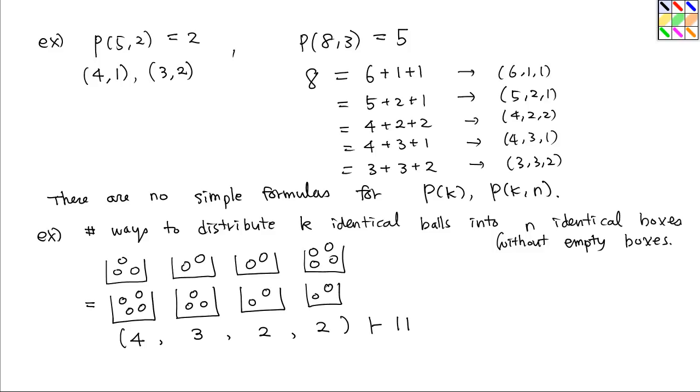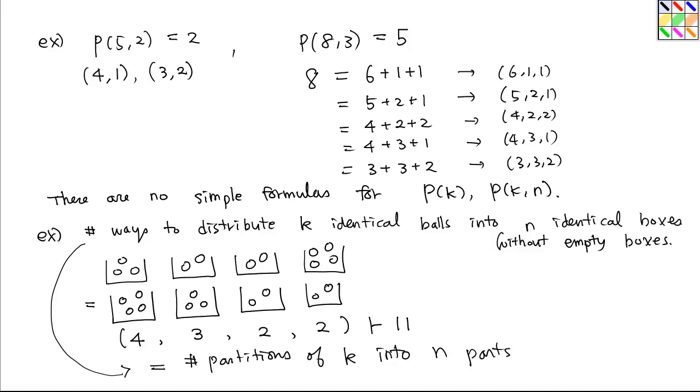So 11 is the number of balls, and 4 is the length of this partition, or the number of parts of this partition, which is the number of boxes. So this number here will be equal to the number of partitions of k balls into n parts. This can be written as P of k, n in our notation.